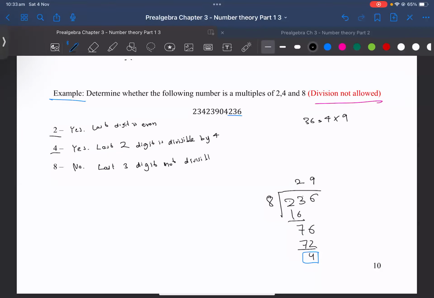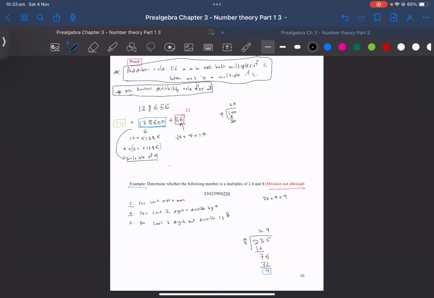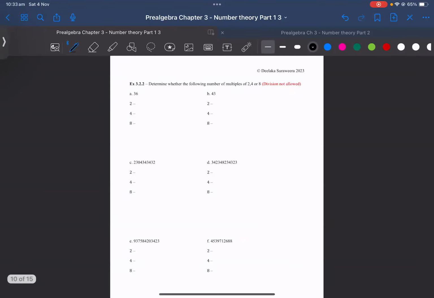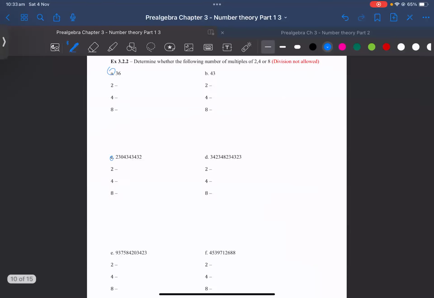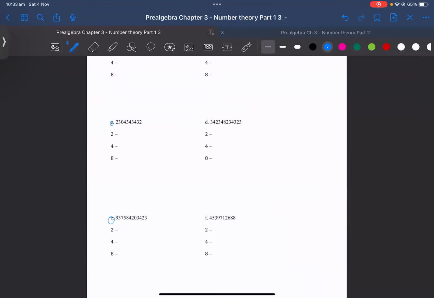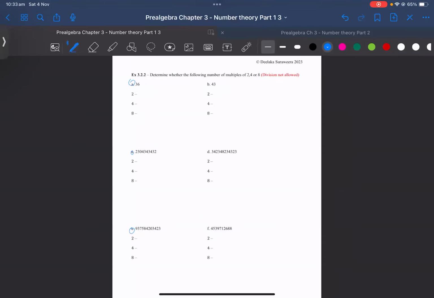So you just have to check like this. It's basically the same each time. Then on the next page there are some examples for you to do on your own. I want you to do A, C, and E. For smaller numbers, you can do it without the divisibility rules.